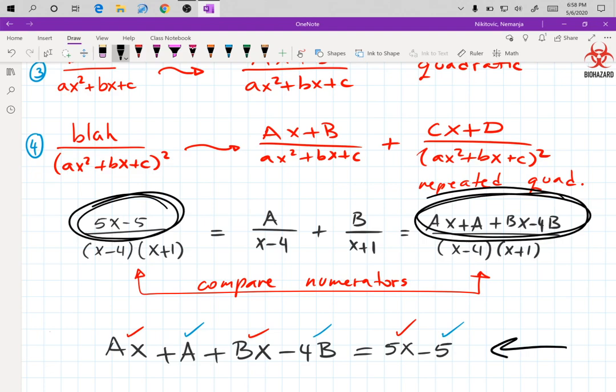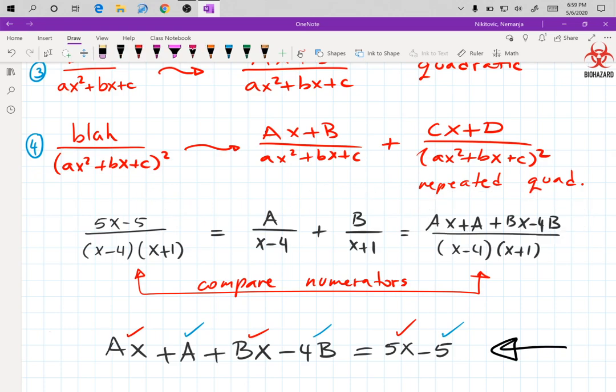And that's what this equation is, when you set 5x minus 5 equal to this A and B business. And you just need to solve that, get your A and B, and once you calculate A and B, plug them where they go, and you are done.